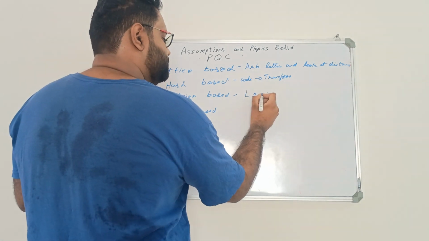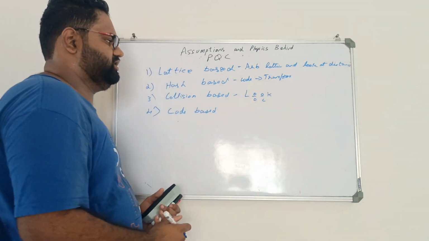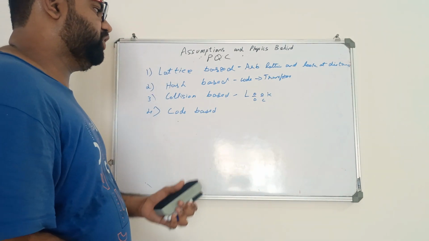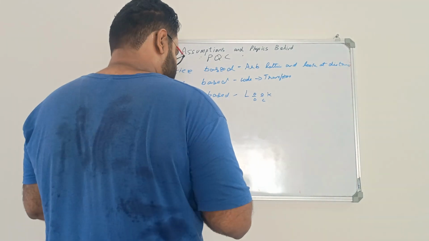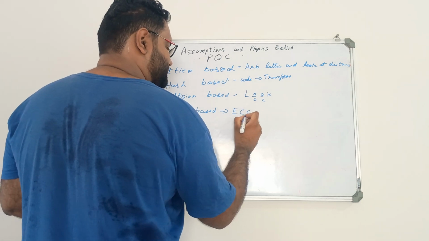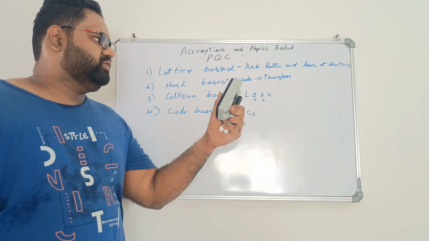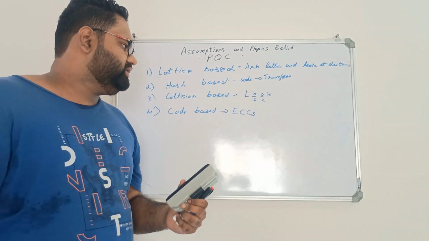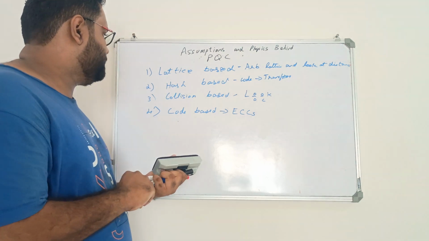So this can be look or lock or some other possible combination. So these are called collisions. And finally, code-based cryptography looks at different kinds of ECCs. So the error correction codes are going to be the ones which are actually securing the final code.